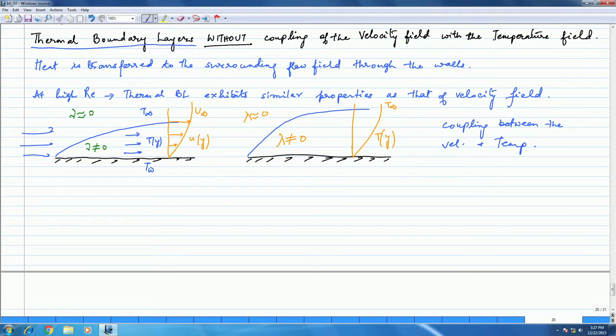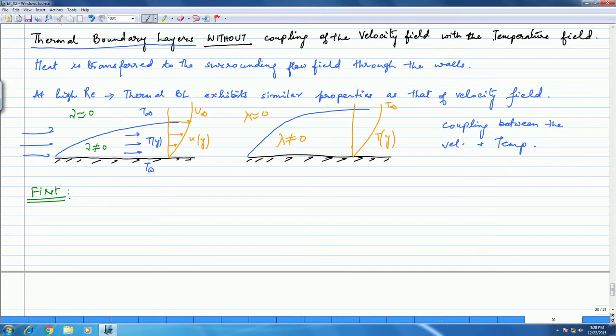So, firstly, we will study a decoupled flow field, meaning the velocity and temperature are not coupled.